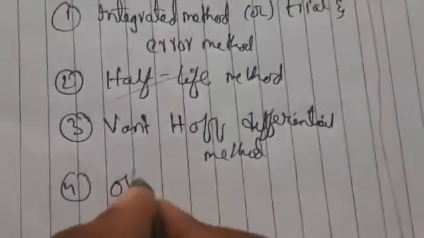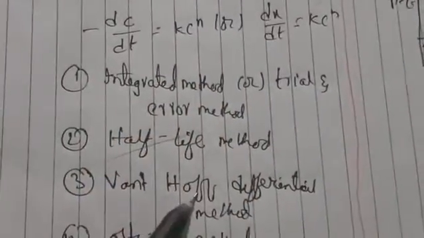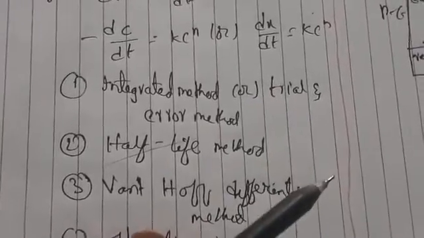Next one, Ostwald's method. So these are the four types of methods to determine the order of the reaction. But we are required to determine the concentration of the reactant at different intervals of time during the reaction. From the concentration and time data and using the different mathematical equations, order n can be determined, that is first order, zero order, second order and third order reaction.